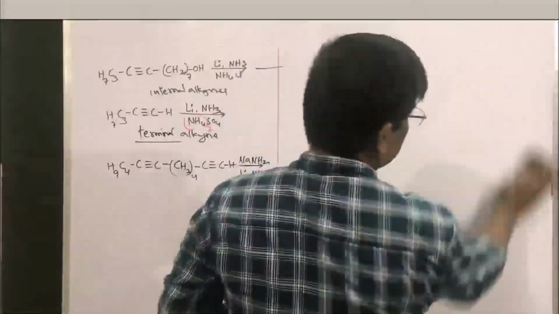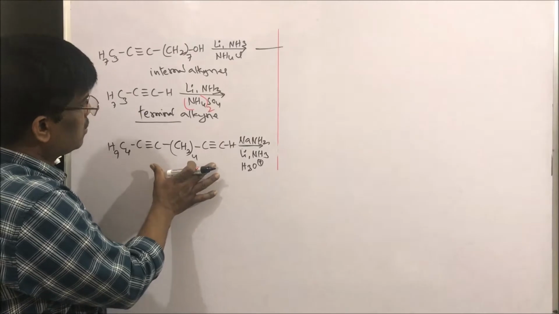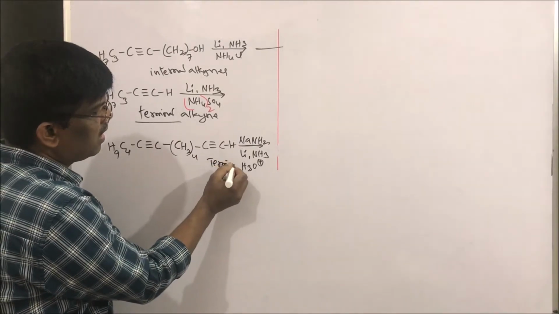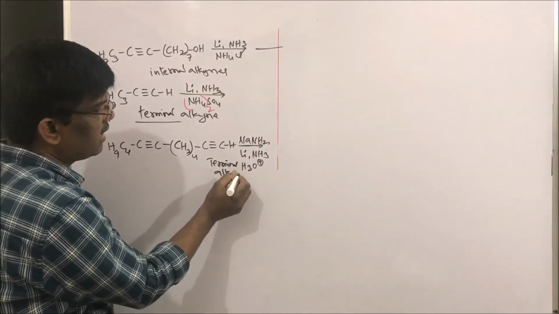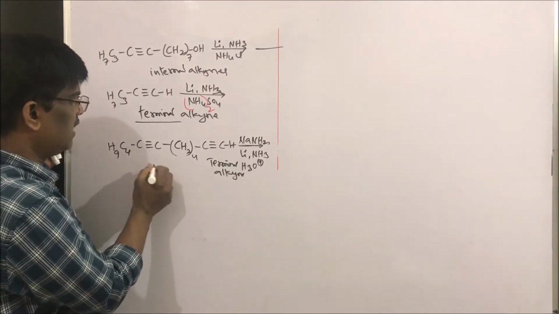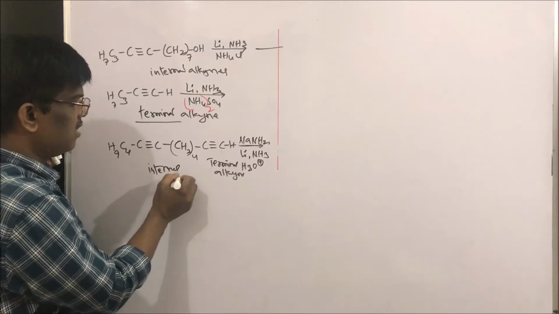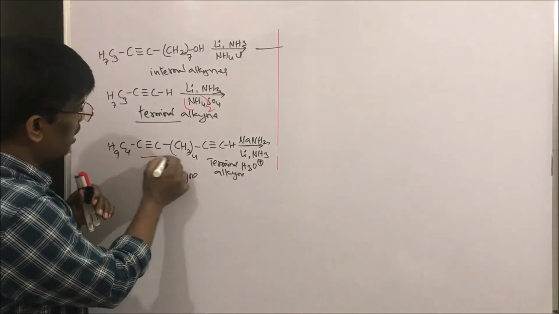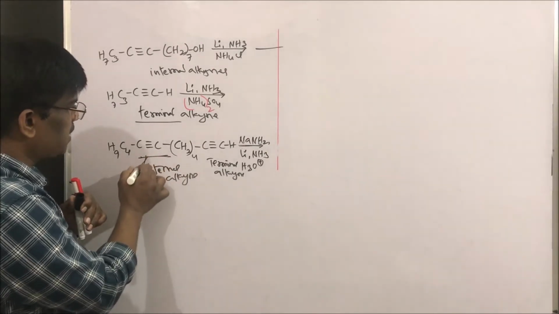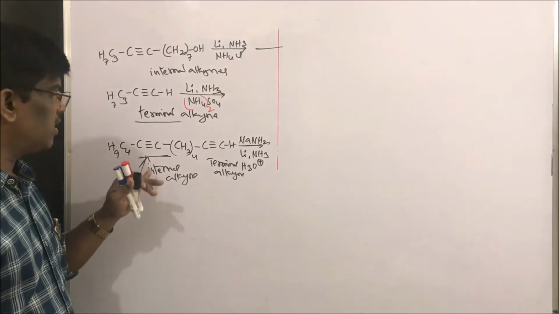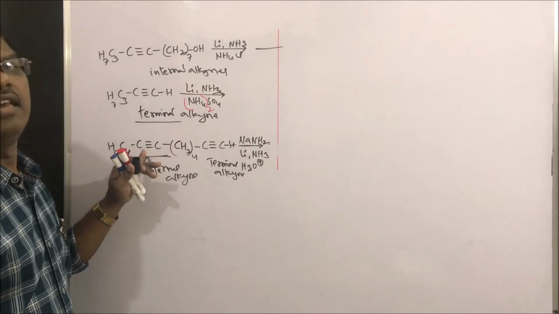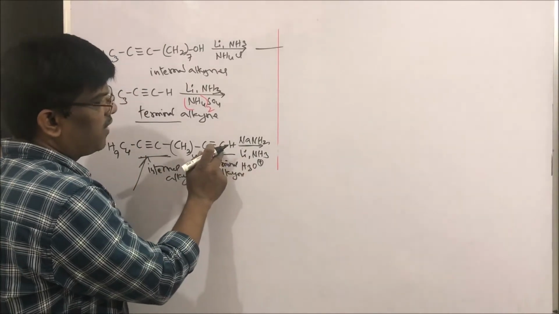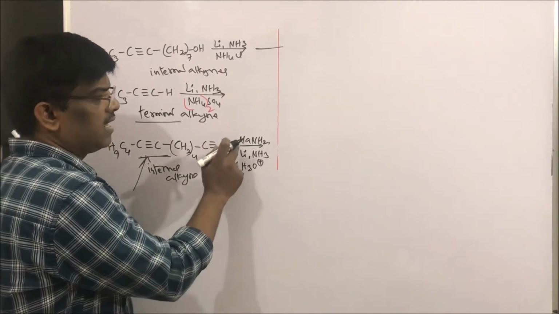Next, let us take one more example. In this compound there is a terminal alkyne and an internal alkyne, and I need reduction of this internal triple bond only. Then what to do? I will first make this terminal alkyne into a salt.